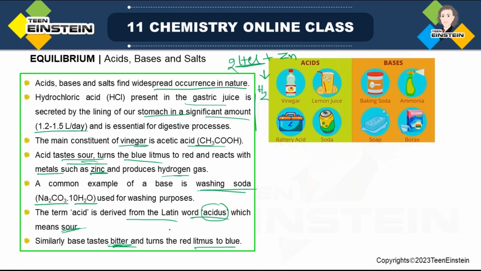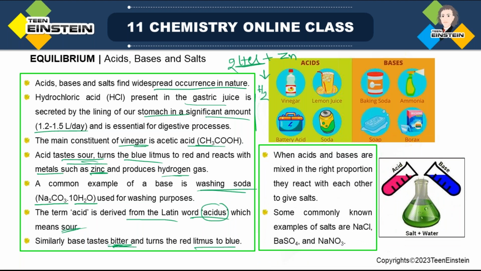Mostly when we say acid, the image we think of is HCl, H2SO4, and when you talk about bases, the first names that come to mind are NaOH, KOH, or Na2CO3. But acids and bases are not just limited to these 3 to 4 compounds. There are different types of acids and bases possible if we broaden the definition. As we move from Arrhenius to Bronsted to Lewis, gradually the definition becomes more and more general, widened, broadened. So these are very common observations for acids and bases. In a simple statement we can say this, but it is not so simple.